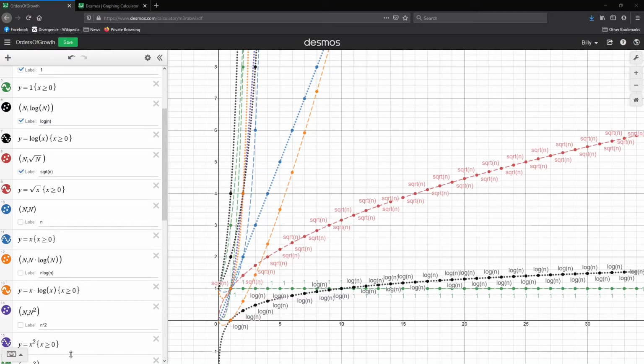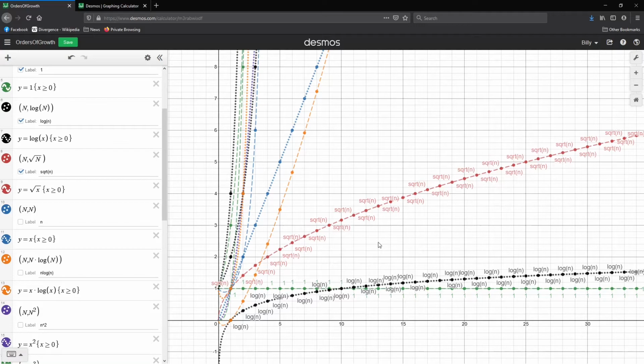So if we take a look at this plot, you see a number of different functions, but we'll start with the first three: 1, log n, and square root of n. This black dotted curve right here is log n. This straight solid line is the constant function 1, and this red dashed line is the function square root of n.